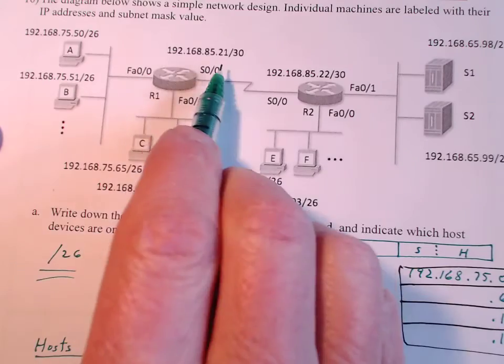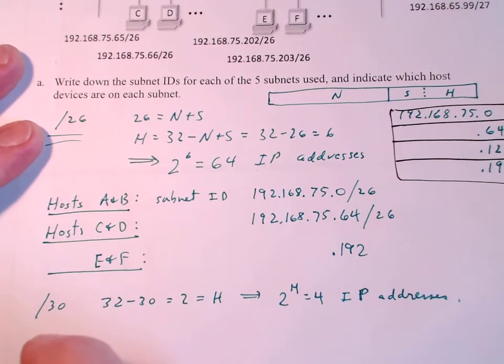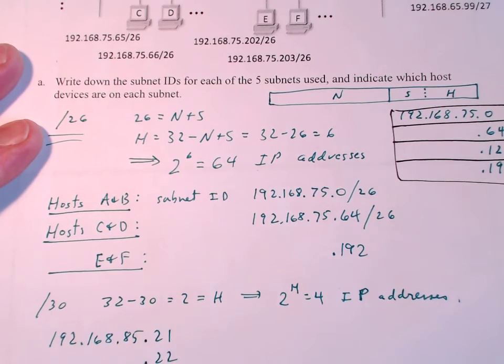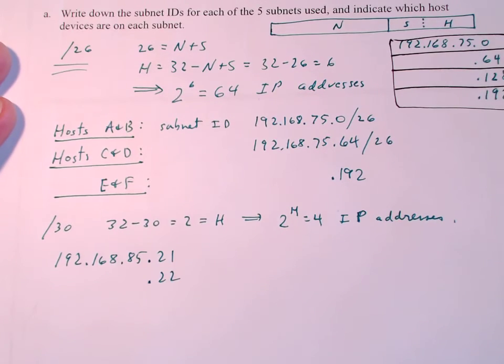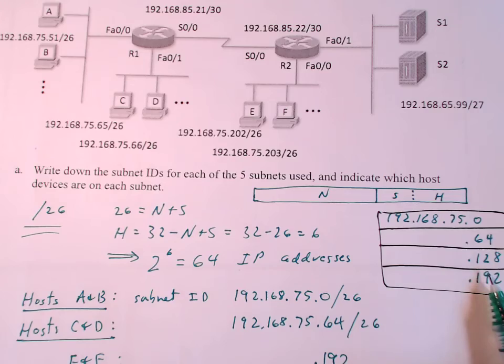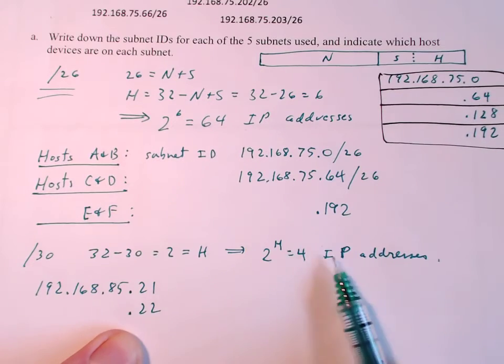Well, that's all we're using here. So we have 192.168.85.21 and .22 here. And so the question is, what subnet do these lie in? The same way that we counted by 64s up here, we can count by 4s here.